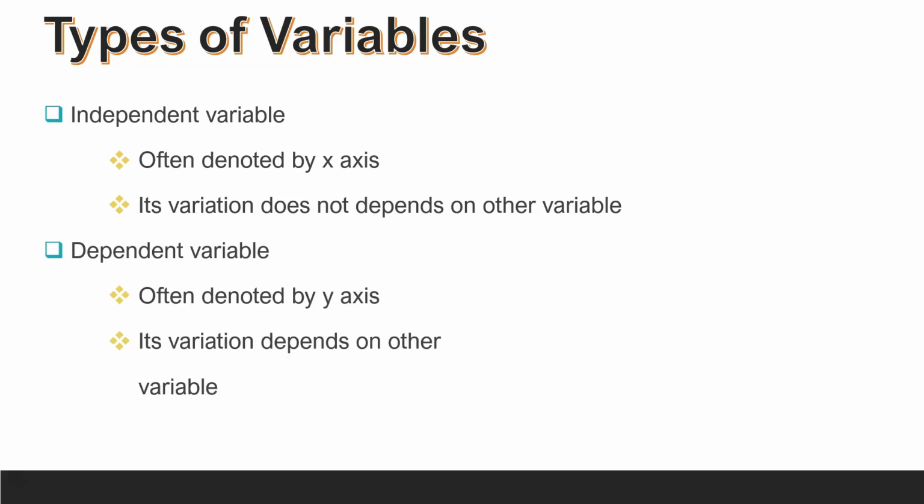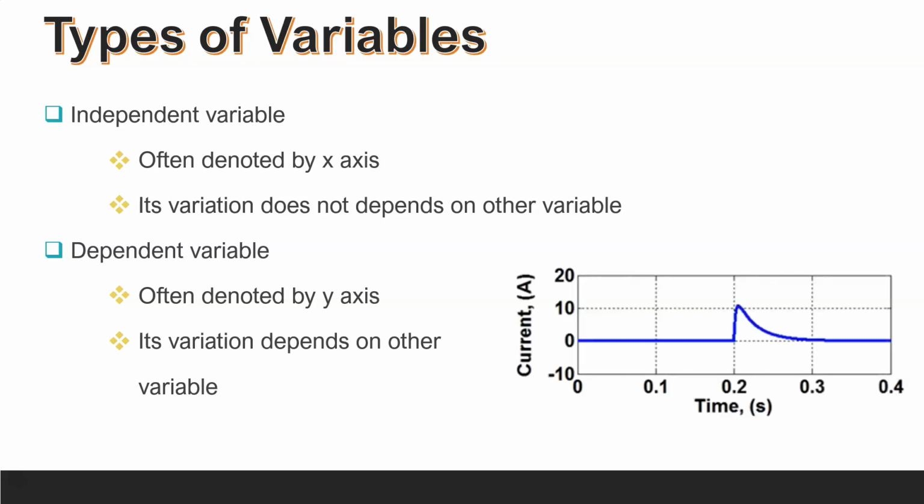The second one is called the dependent variable, often denoted by the y-axis, and its variation depends on another variable. For example, if you look at the graph over here, the time on the x-axis is the independent variable, while the current on the y-axis is the dependent variable.